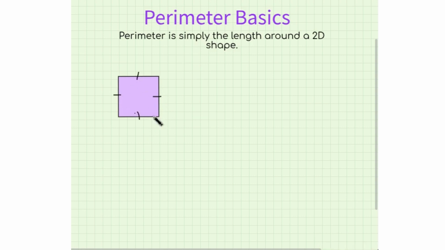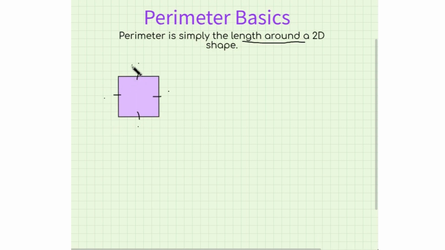So all of the sides have the same length. All right, so according to our definition, perimeter is simply the length around a 2D shape. So all you have to do is add this side and this side together, right? That's all you have to do.